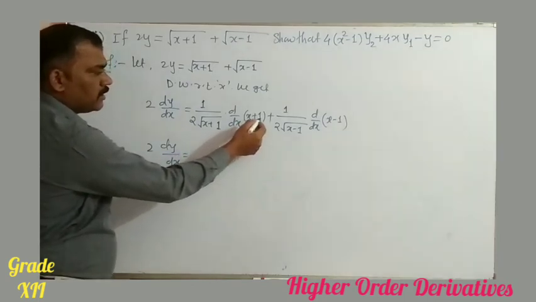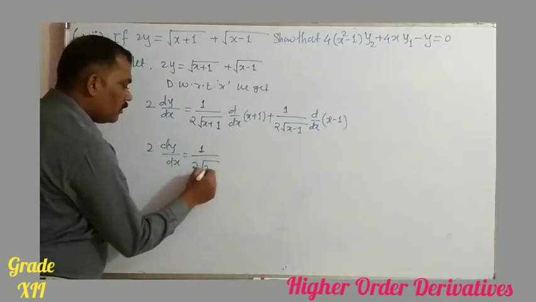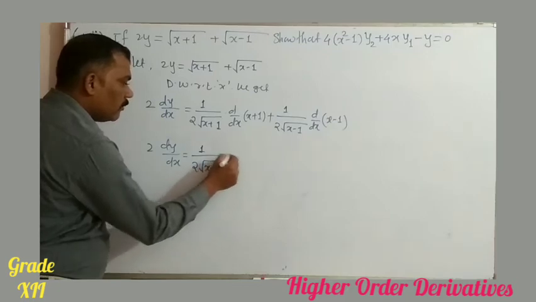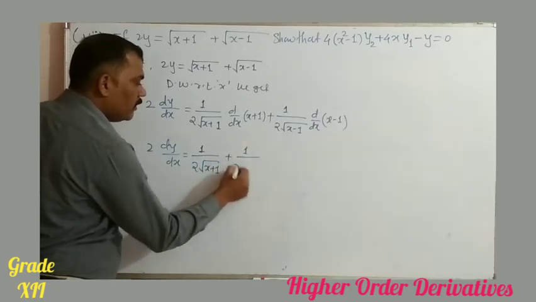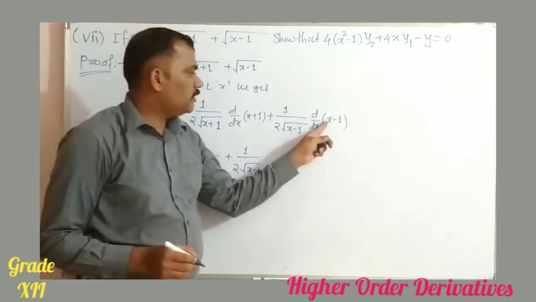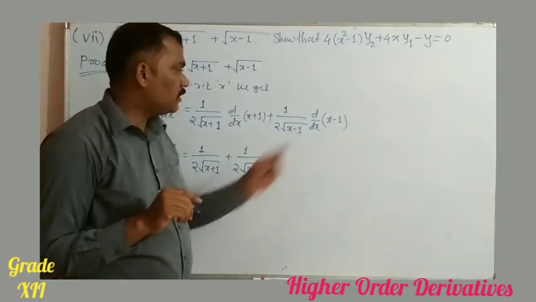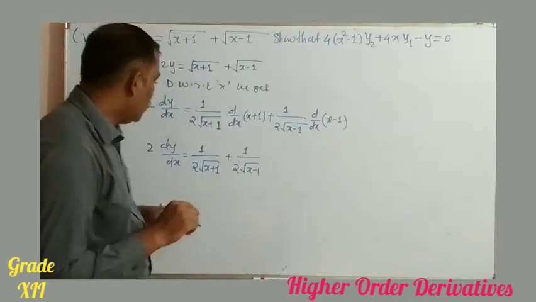Okay, so what we get is twice dy by dx is equal to, differentiation of x is 1, 1 is a constant so its differentiation is 0, 1 plus 0 is nothing but 1, so we get 1 upon 2 times under square root of x plus 1 plus 1 upon 2 times under square root of x minus 1. Differentiation of x with respect to x is 1, 1 is a constant so its derivative is 0, so 1 minus 0 is nothing but 1.